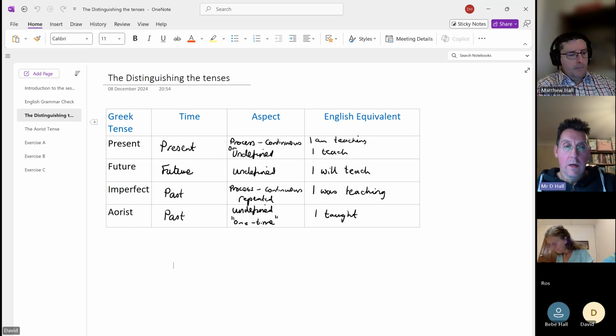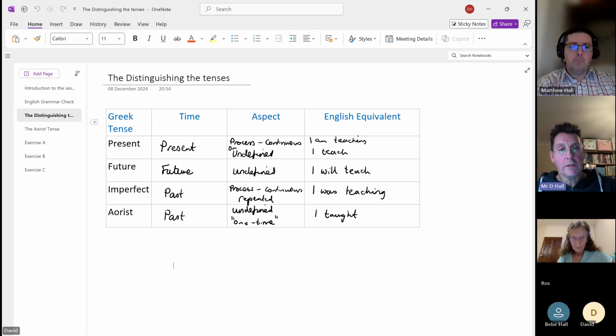Okay, so we're going to look at the tense today, and the Greek have a way of distinguishing between the continuous and undefined nature of the past by using the two tenses, the imperfect and the aorist. We looked at the imperfect.